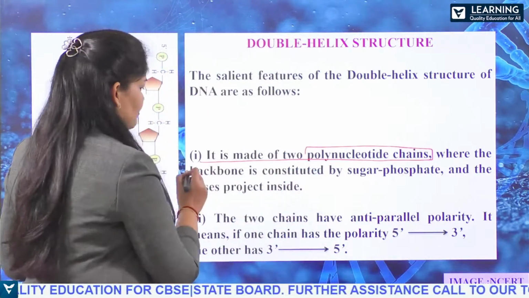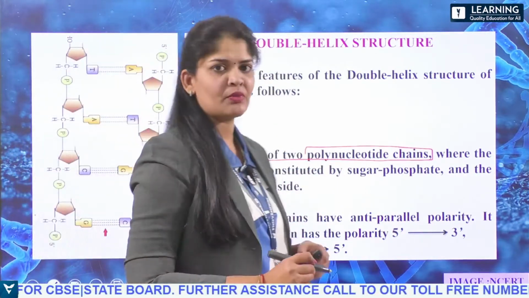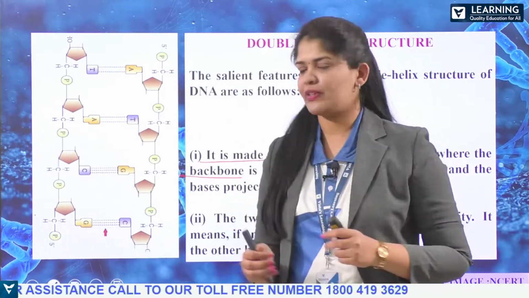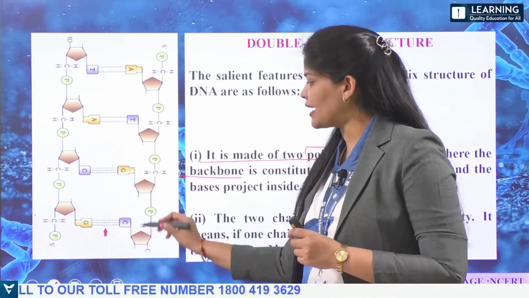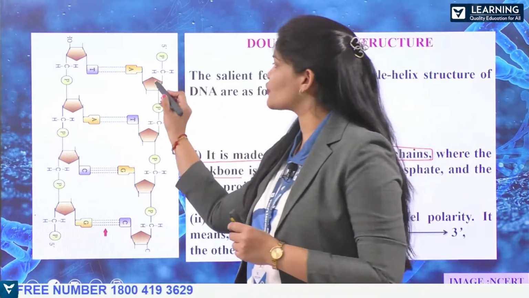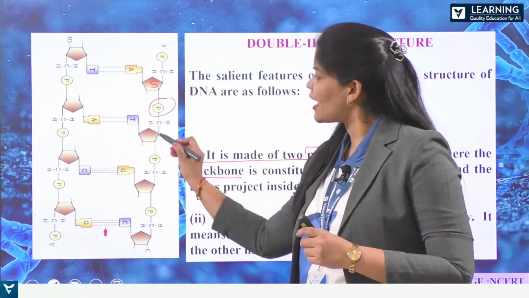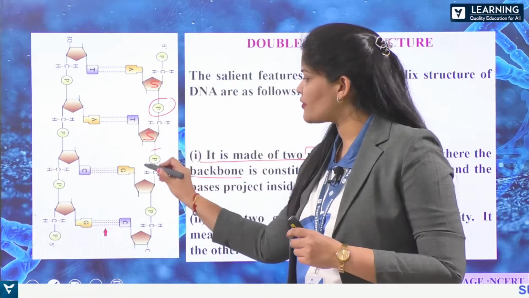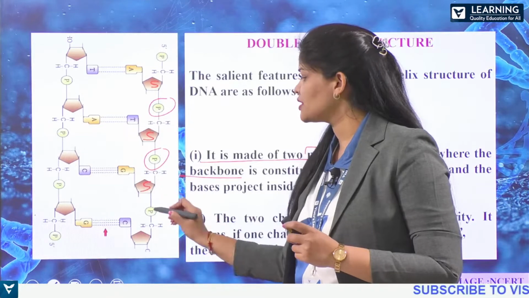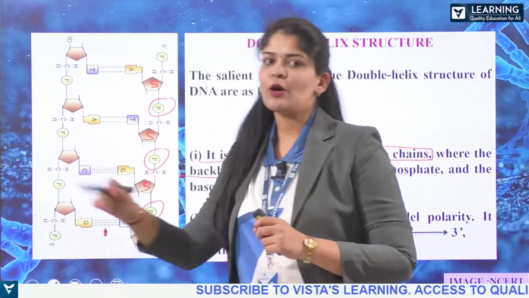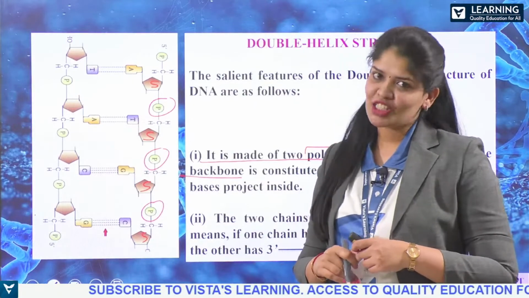Whereas the backbone is the arrangement of sugar phosphates. If you look at this strand, we can find sugar, phosphate, sugar, phosphate, sugar, phosphate. The same thing happens on the other polynucleotide chain.